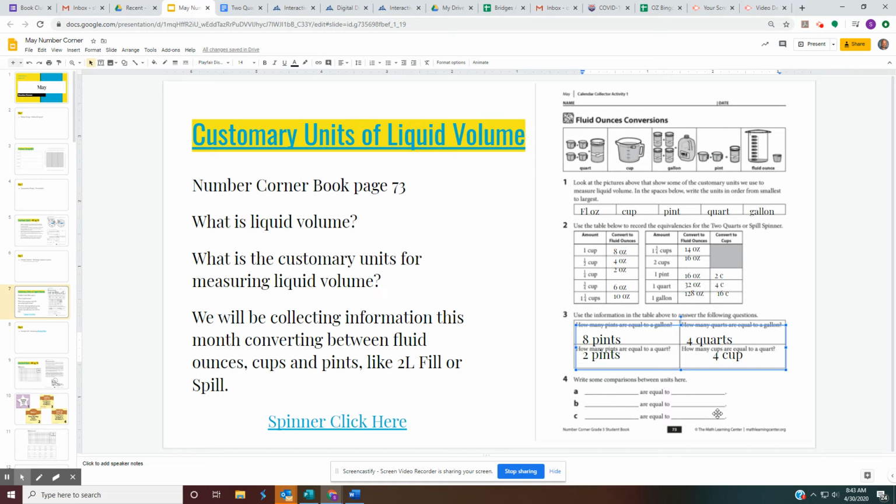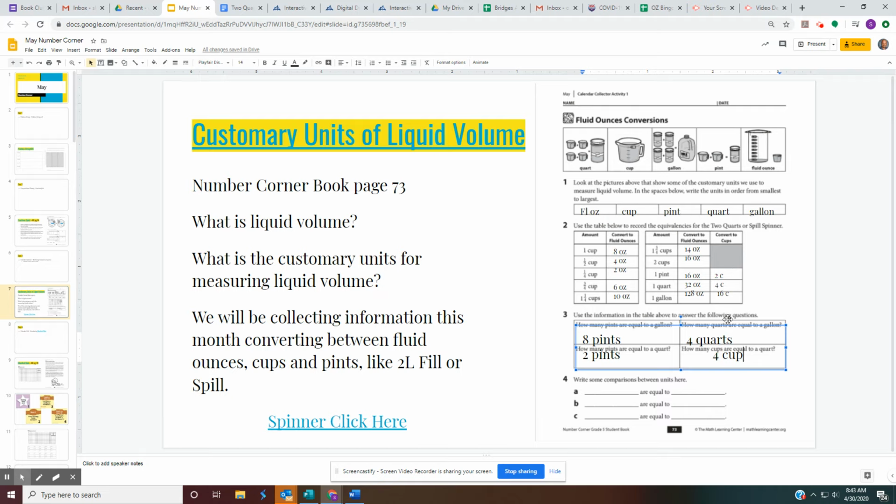You do some conversions here. There are no wrong answers. Just make sure that you have the equivalents over here. Very similar to what we did here, but you can use any of our customary measurements of volume, or capacity.